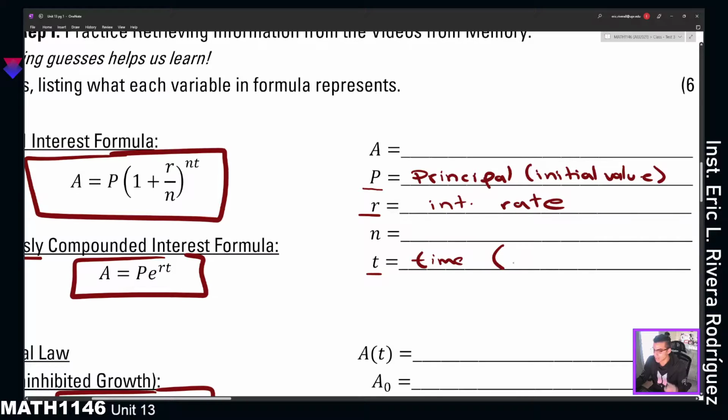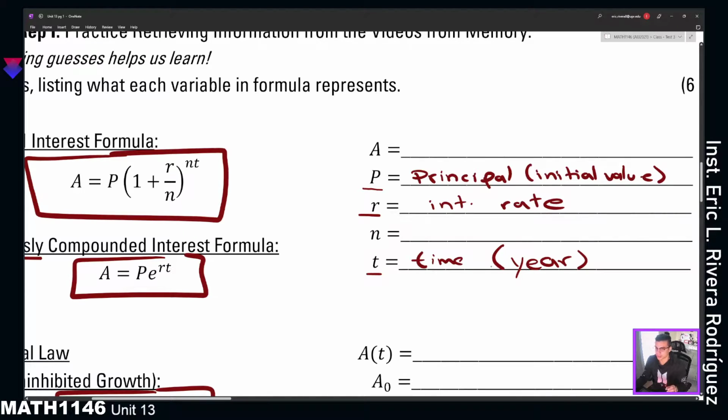But careful here. When we are working with financial situations in this unit with these two formulas, the unit of time is the year. That means that if you have an amount of time in an exercise that is not in years, you need to do a conversion first.